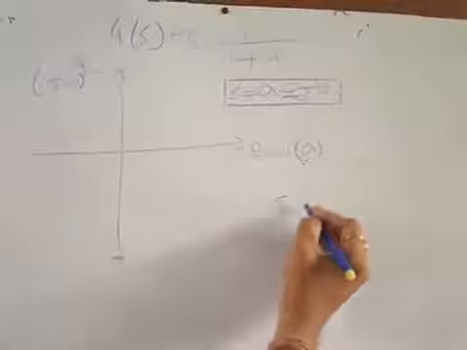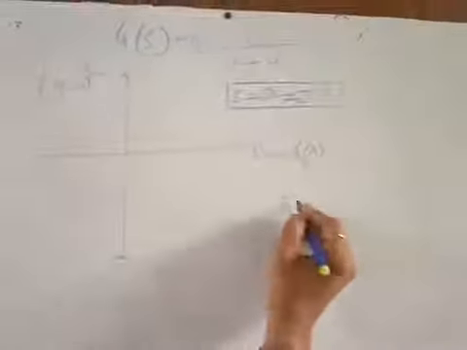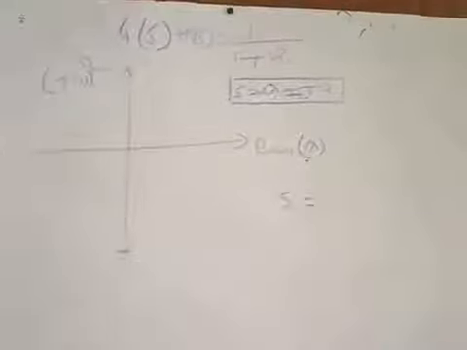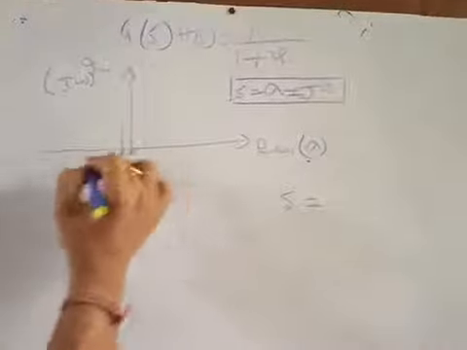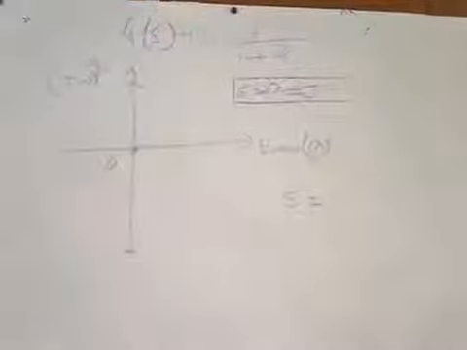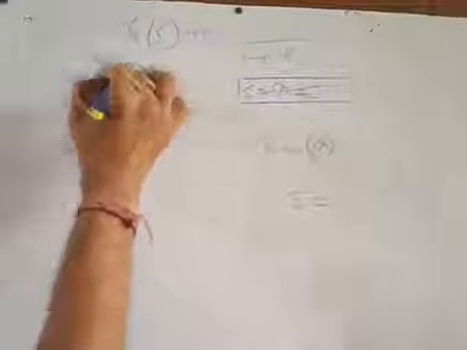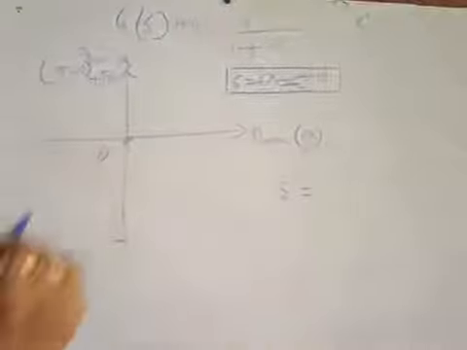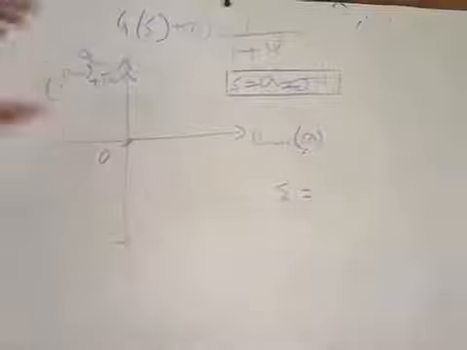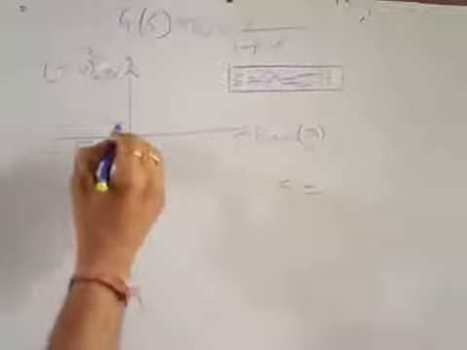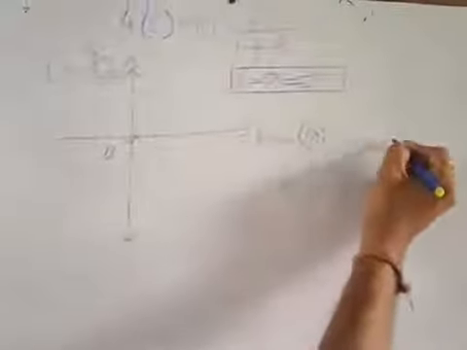Now vary the values of s from 0 to plus j infinity. See what I have just discussed: if the frequency is varied, it means omega is varied from 0 to infinite.